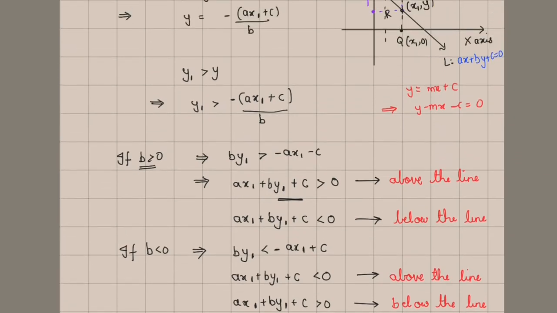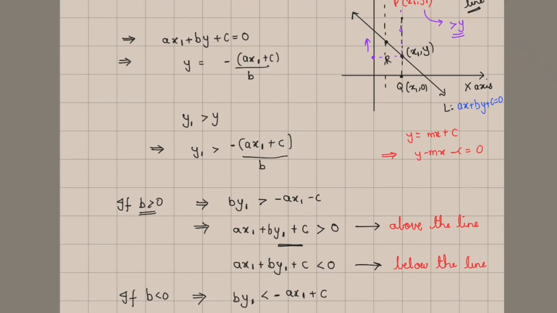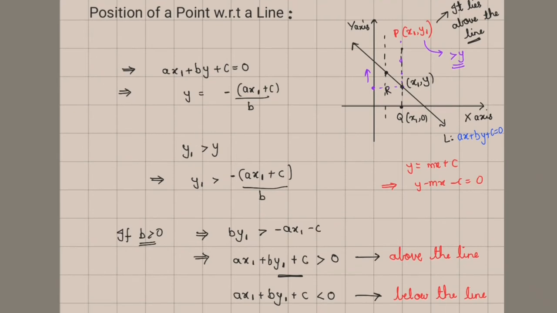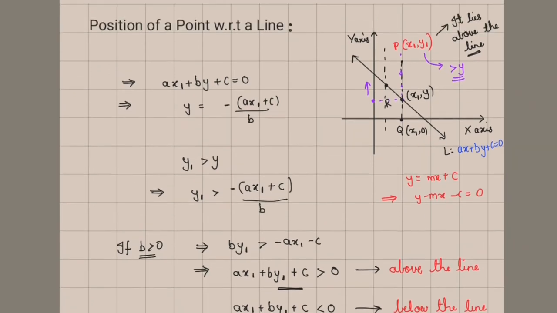So to say 2 points are on the same side of the line, they should have the same sign when substituted in the equation ax1 plus by1 plus c. Okay, did you get that? We will use the same concept here, and we will get some formal proof.